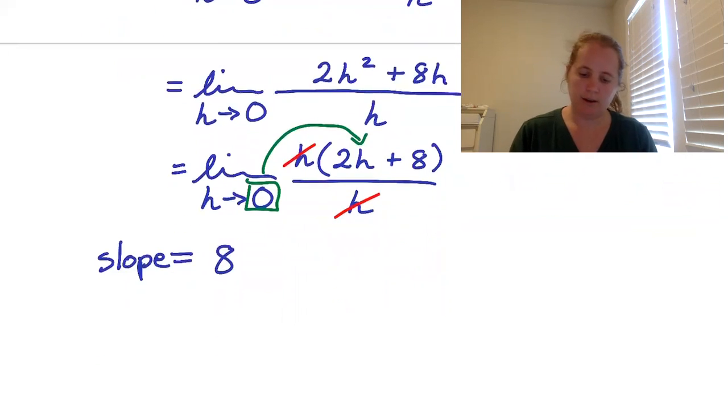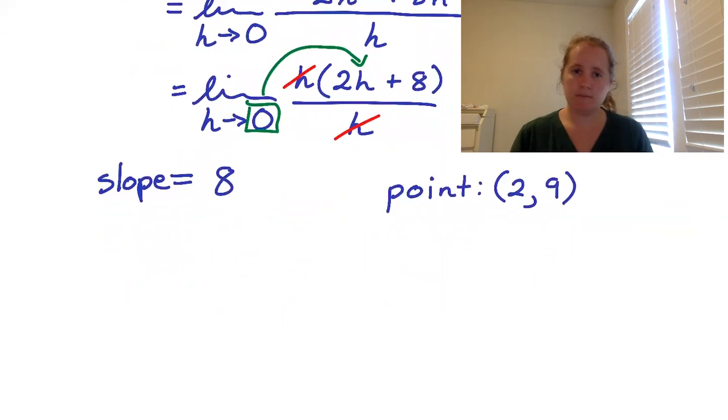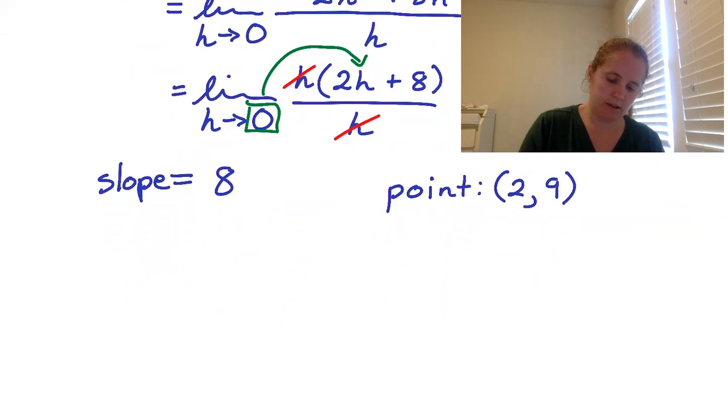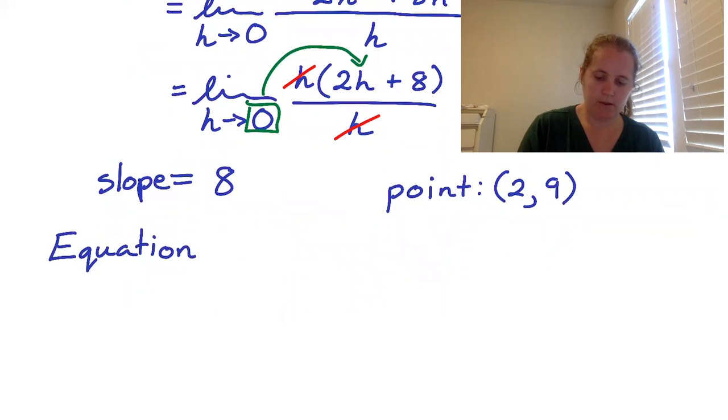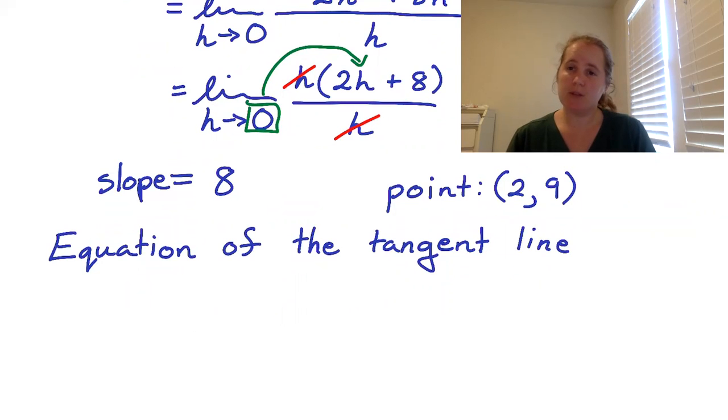And then we also have our point 2, 9. At this point, we can do our equation of a line. So the equation of the tangent line, you can either do y equals mx plus b format right off the bat and just solve for b, or we can do point slope format and rearrange.